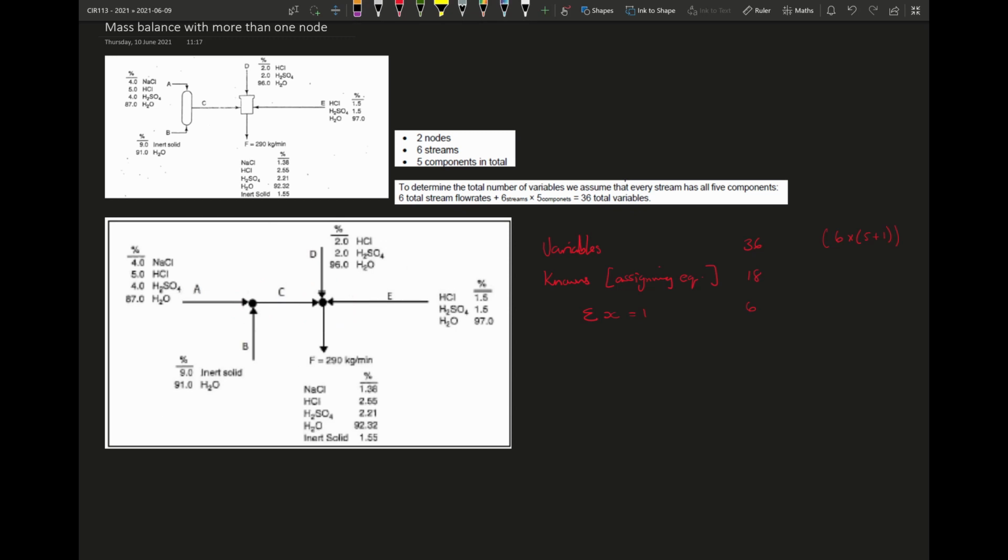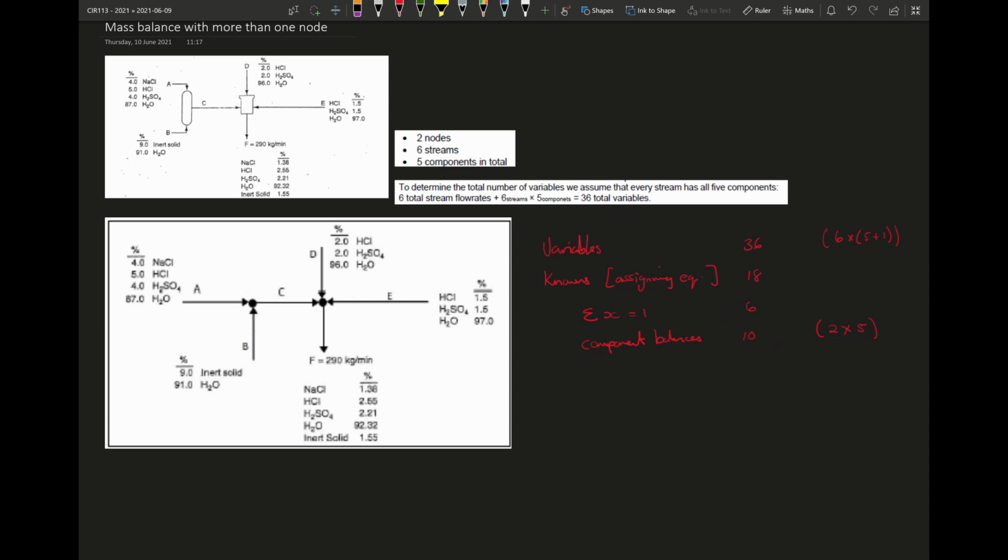So we end up with 10 component balances that we get by doing 5 component balances over 2 nodes. Now looking at this, you can see that we have added 16 equations. So we are still short. We can't solve this problem.